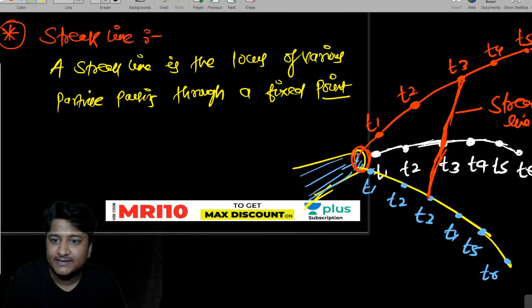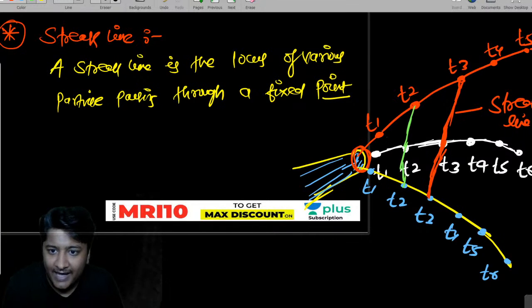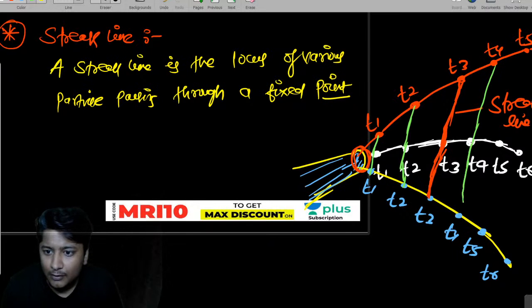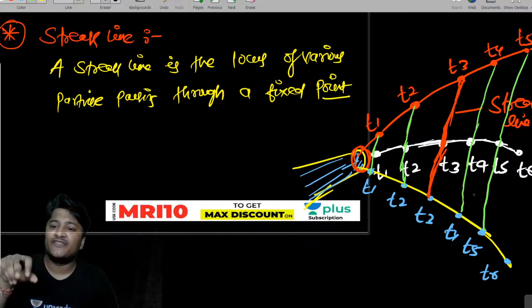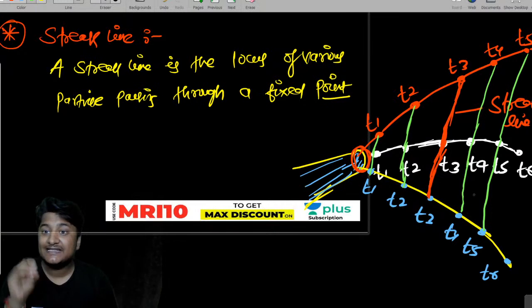If you make this at a particular time t2, it will be like this. At t1, it will be like this. At t4, it will be like this. At t5, it will be like this. That's something we call a streak line.